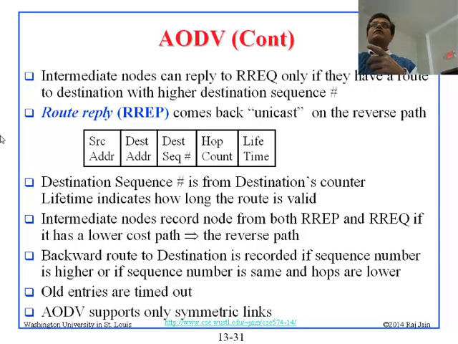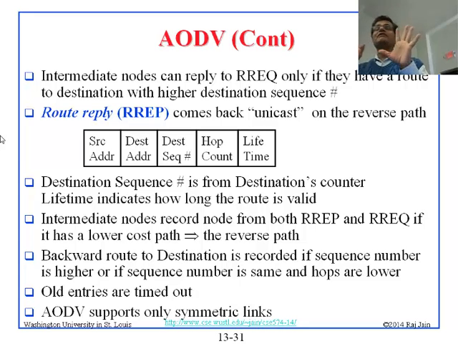So you keep recording both. When the answer comes back, you look at the answer: oh, the shortest path to 10 is this. So here it is, I'm going to write it in my table. That is an optimization which is done. Then when the intermediate nodes need the same destination, they don't have to start the whole process all over again. Somebody has already done it. So they record from both.